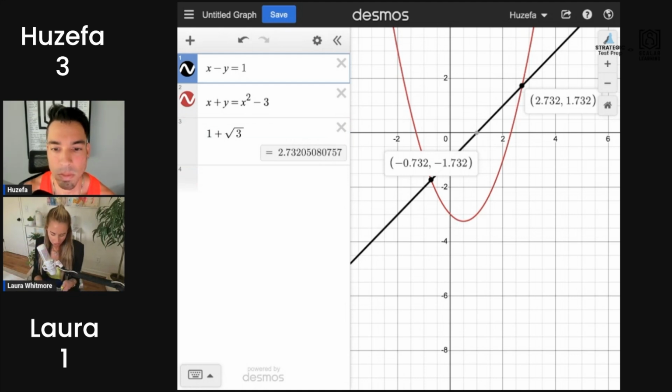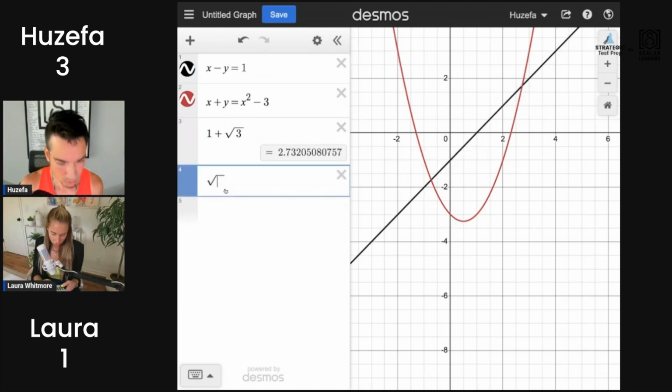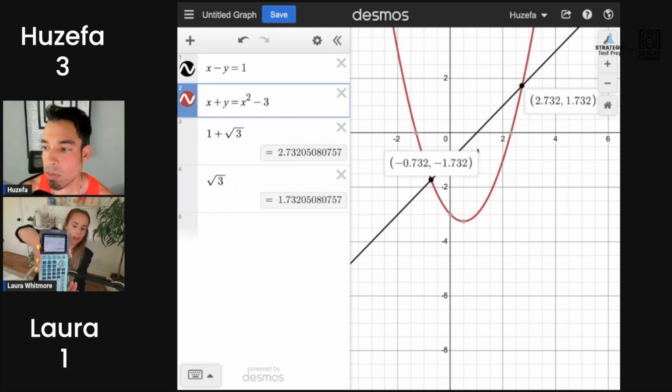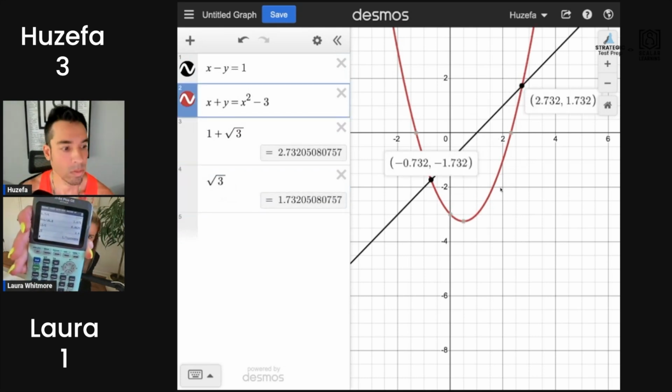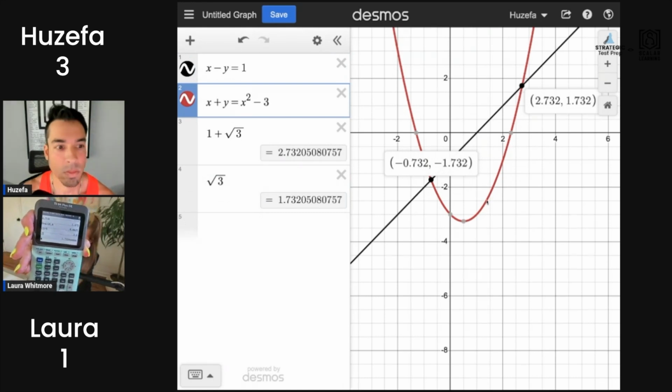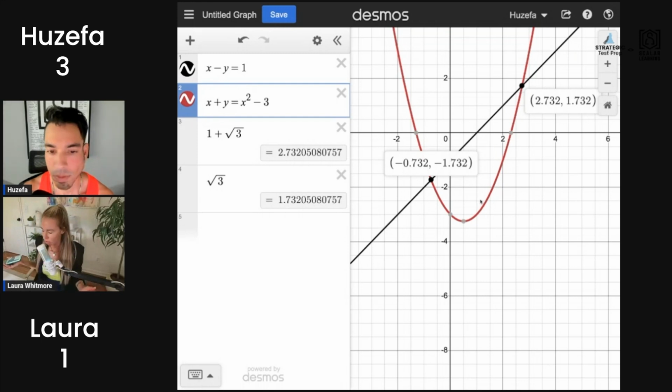So I would put that into my calculator. And I actually get 1.73. I don't know if you guys can see this. And so I'm like, okay, it's looking good then that it could be A. And I might even just confirm it by putting in 1 plus radical 3, which actually you don't need to do, because if you add 1 to it, you do get 2.732. So it's definitely going to be A.